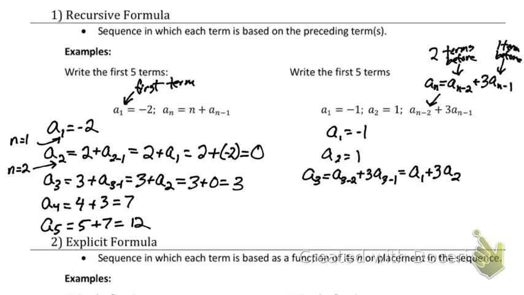I know that a sub 1 equals negative 1, and a sub 2 equals 1. So this is going to equal negative 1 plus 3 times 1. Kind of ran out of room, but that'd be 3 minus 1, which equals 2.